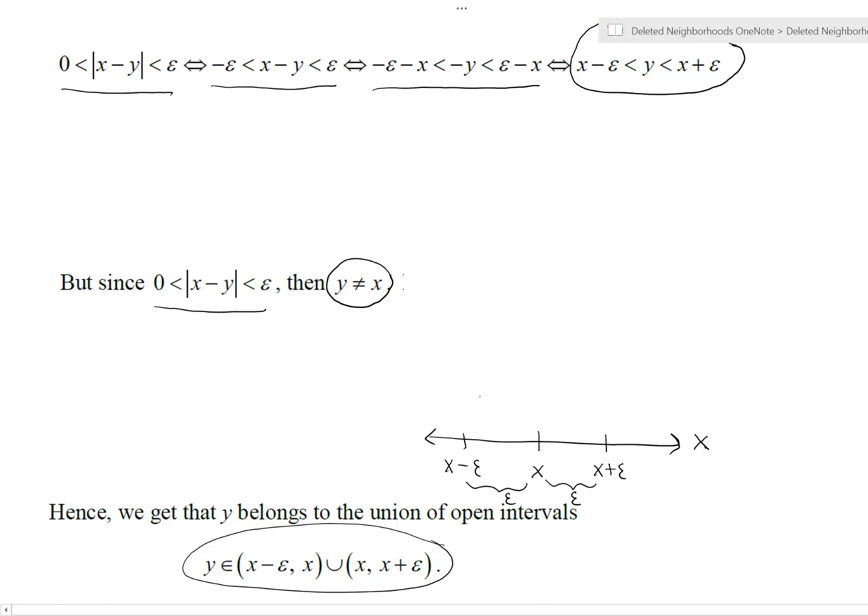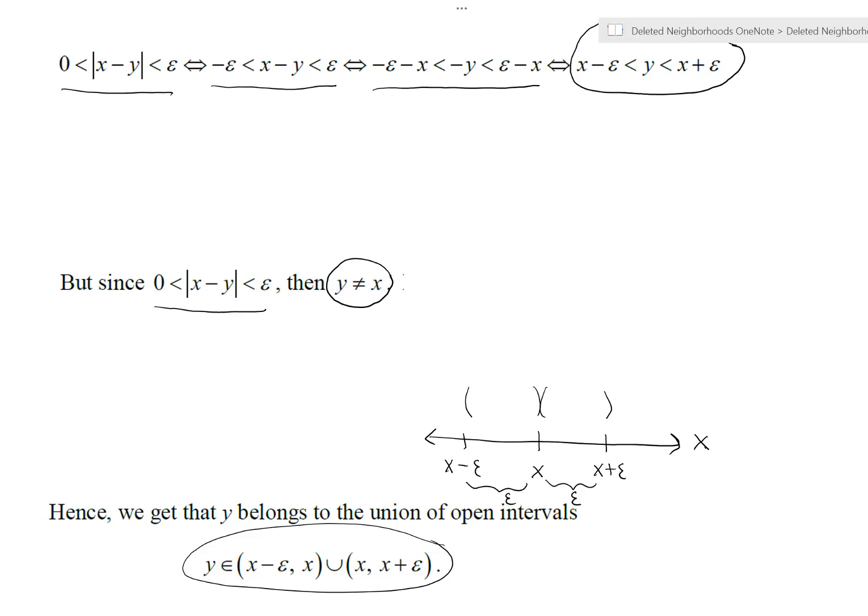So what we're saying now is include everything between x minus epsilon and x, and then also include everything from x to x plus epsilon. But we don't include the x. Hence, we must union the first interval with the second. And that is really what a deleted neighborhood is of x with a radius of epsilon.